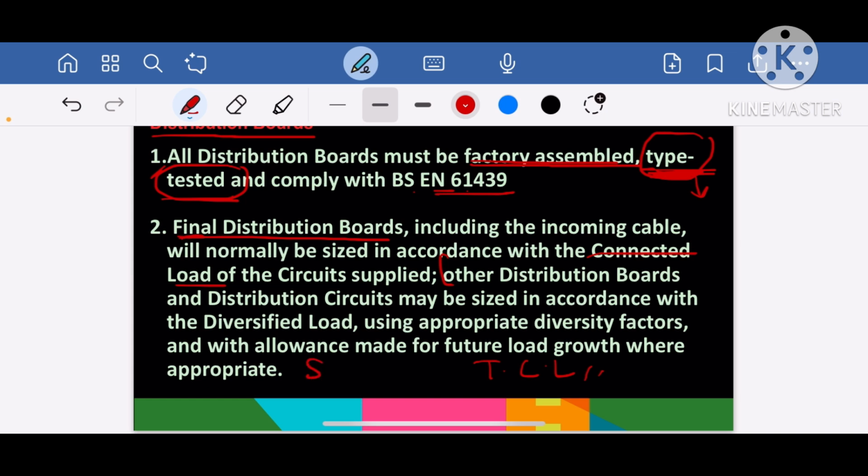They are the sub-main distribution board and the main distribution board, right? Other distribution boards may be sized in accordance with the diversified load. So what is the conclusion of point number 2? The conclusion is that the final distribution board is designed by considering the total connected load, but the SMDB and MDB are designed by considering diversified load. Hope you are clear till here.